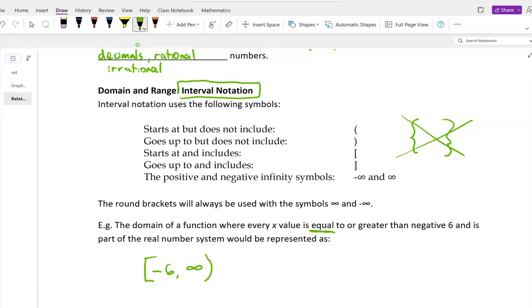And I'm going to put a round bracket by infinity because I can get up to infinity, but I can't quite reach it, because no matter how far we go, there's always one bigger number. So for infinity, we always use round brackets. We use square brackets for the numbers unless it says not included. Now, I'm going to give you examples of that as we try some questions coming up.